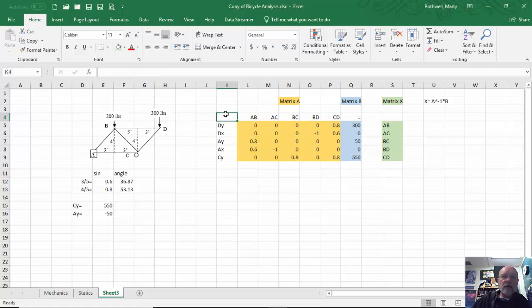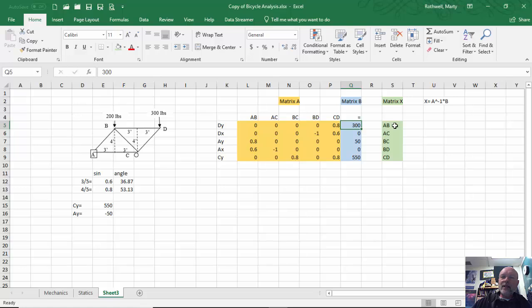Okay, so I've already created my matrices. This is my matrix A, which is my 5 beams and their 5 equations. Matrix B is the answers, or what those things equal to. Matrix X is what I'm solving for.